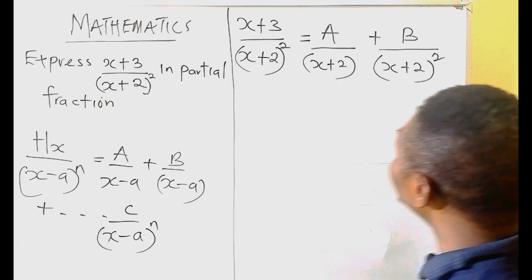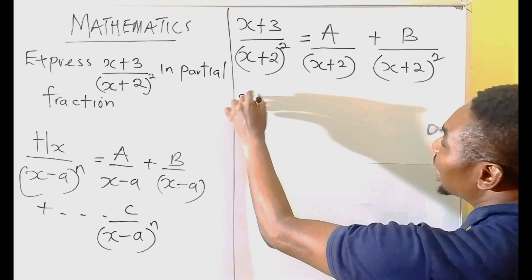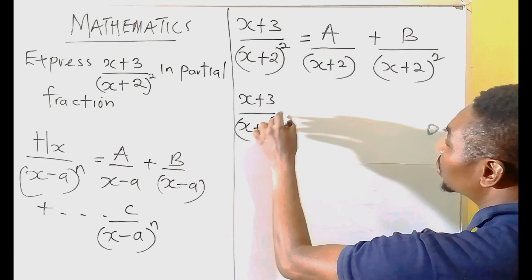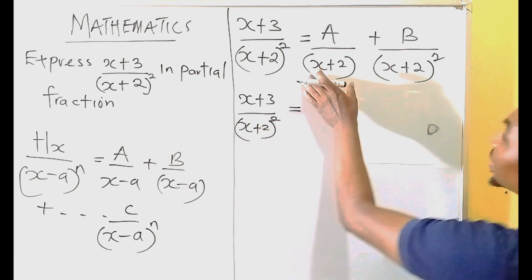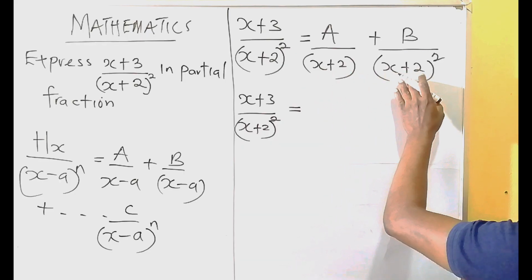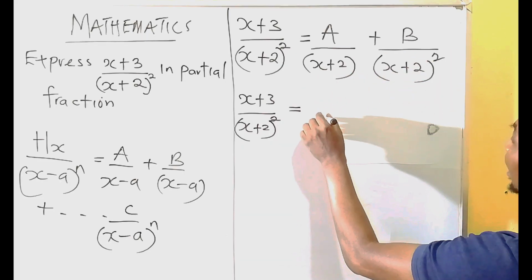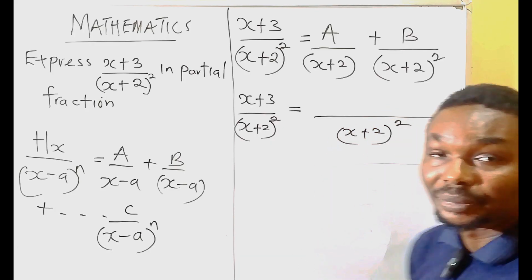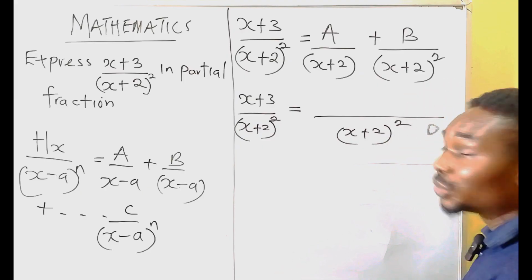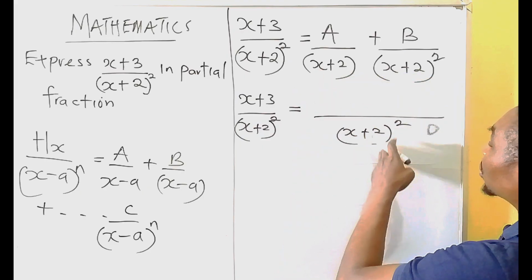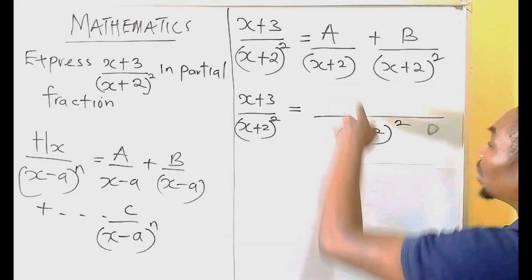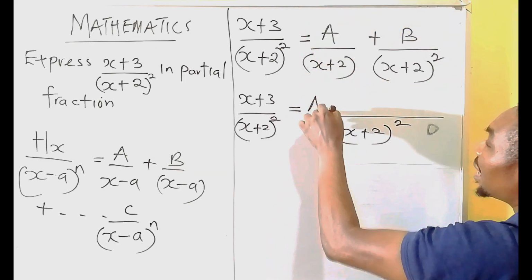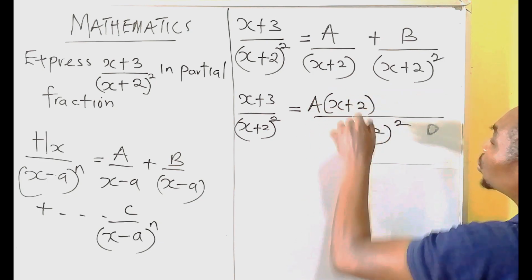Now, at this point, we say (x plus 3) over (x plus 2) raised to the power of 2 is equal to, now the LCM of (x plus 2) and (x plus 2) raised to the power 2 is (x plus 2) raised to the power of 2. So the next thing to do is for you to divide. (x plus 2) raised to the power 2 divided by (x plus 2), you are left with (x plus 2). So (x plus 2) times A will be A into (x plus 2).